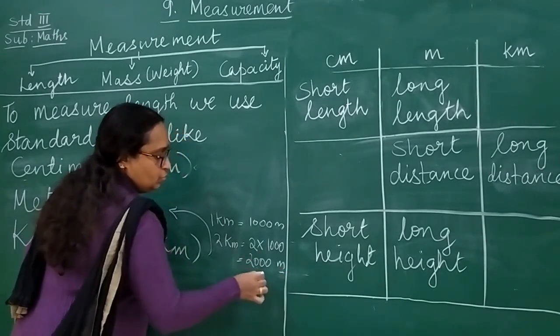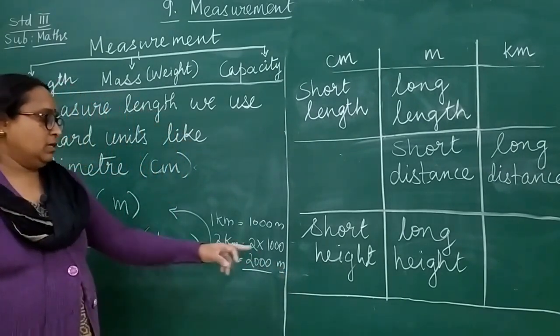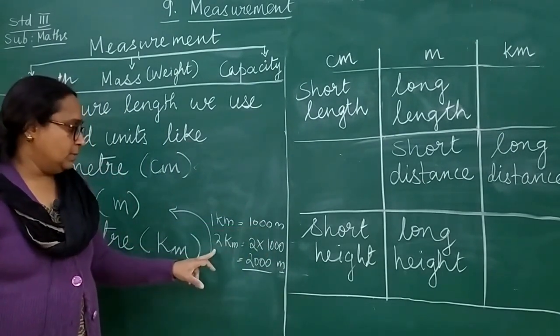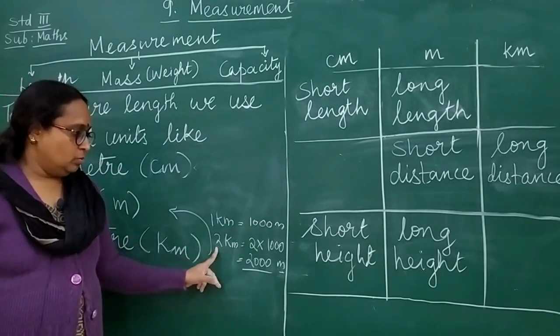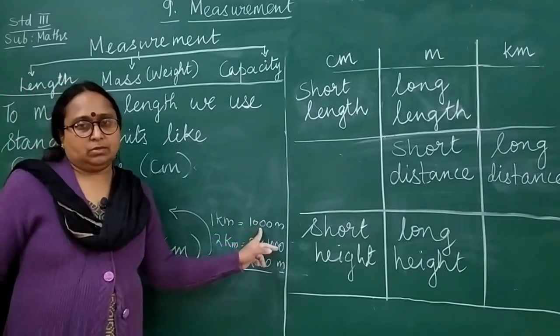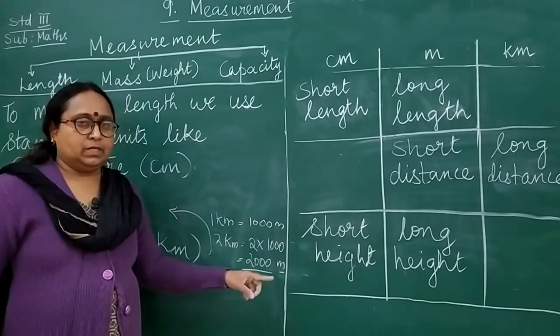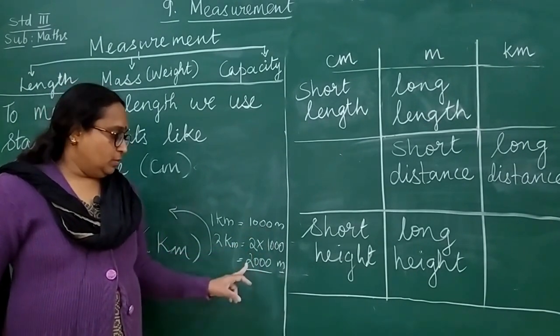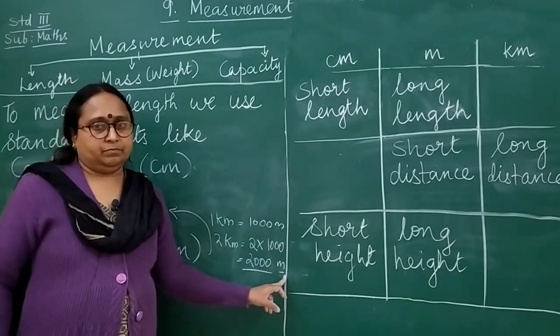This meter also you should write. Okay, 2000 meter. So 1 kilometer is 1000 meter. How much will be 2 kilometer? This 2 into this 1000. So when you are converting kilometer to meter, you have to multiply that number by 1000. So you will get 2000 meter, right?